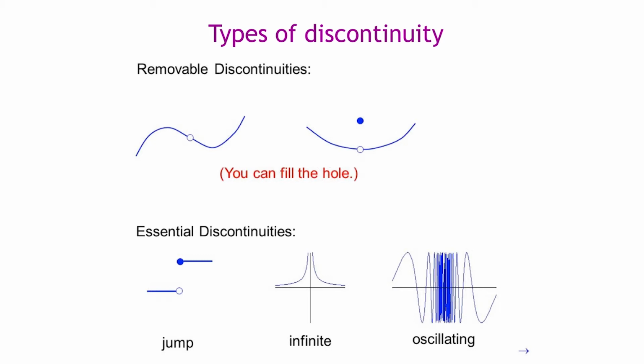The fundamental difference between removable discontinuity and essential discontinuity is that in the former, the limit exists at every value, yes, even at the holes, while in the latter, the limit does not exist at the place where there's the jump or where infinite or oscillation occurs.